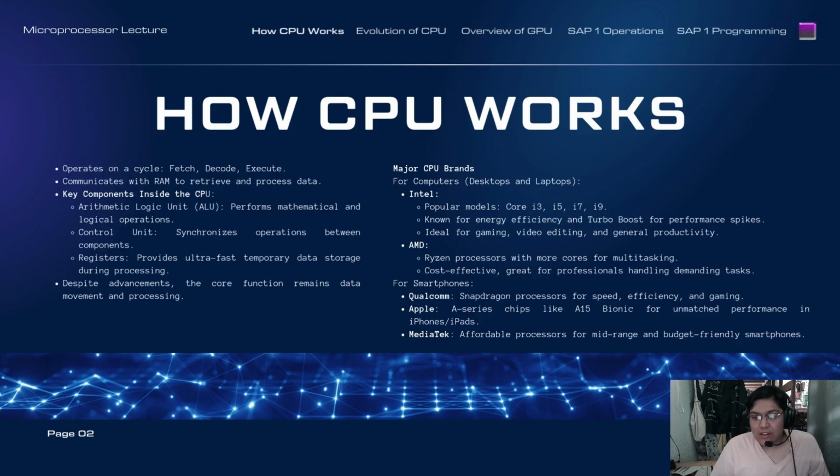These brands cater to different needs, from high-performance gaming and multitasking to energy-efficient daily usage. By understanding how CPUs work and the differences between the major brands, we can now appreciate more the role these processors play in powering our devices that shape our digital lives. Whether it's a desktop computer, gaming laptop, or a smartphone, the CPU remains the driving force behind it all.